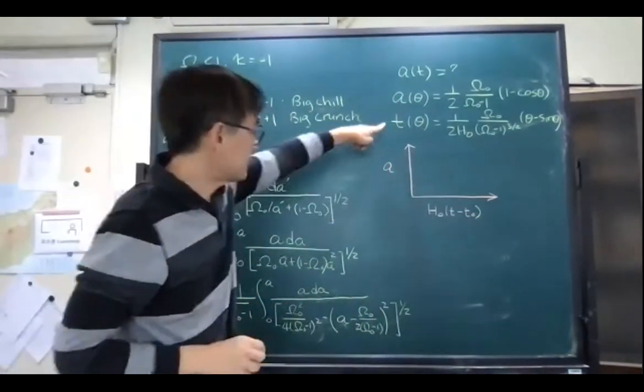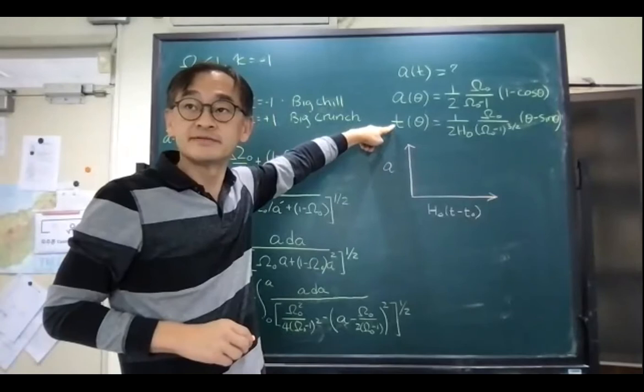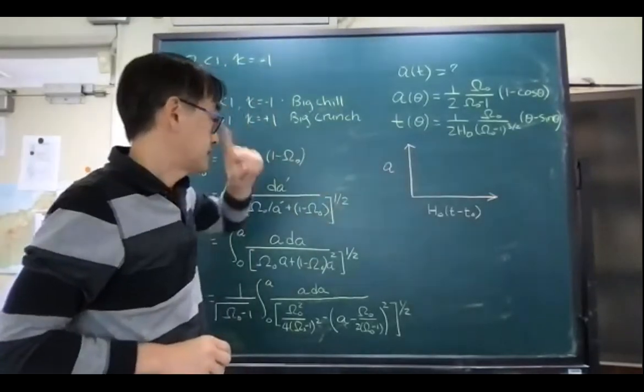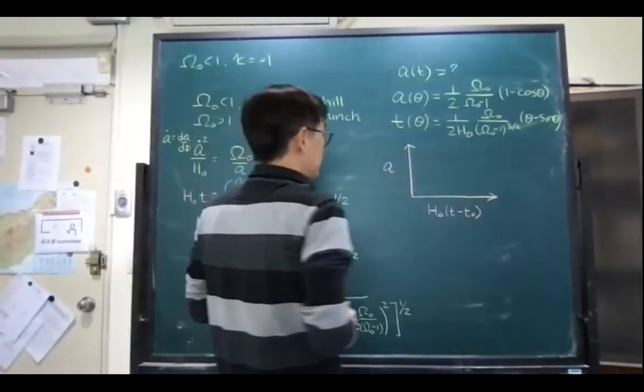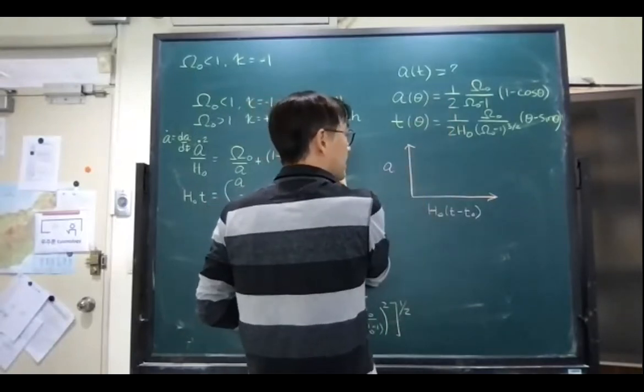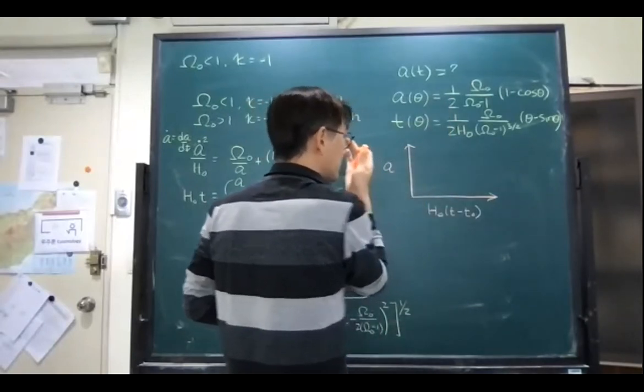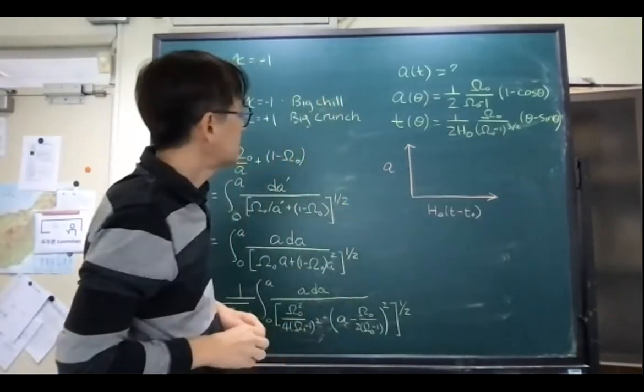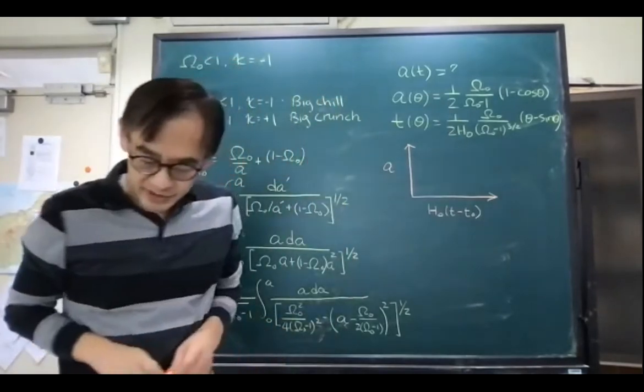So you have to get t0 here first. How did I do that?